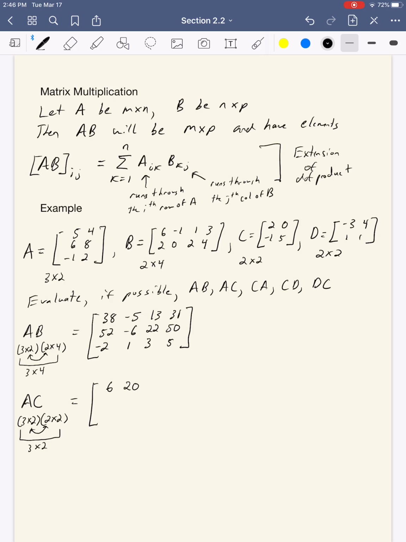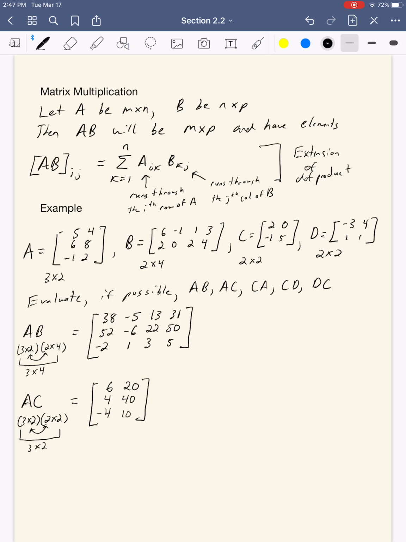Sounds like we should get a 12 and a negative 8, so a 4. 6, 8, and 0, 5 should give us a 40. Negative 1, 2, and 2, negative 1 should give us a negative 4. And then negative 1, 2, and 0, 5 should give us a 10. So there's the matrix AC there. Notice, as sort of predicted, this is indeed a 3 by 2 matrix. This guy right here is indeed 3 by 2.